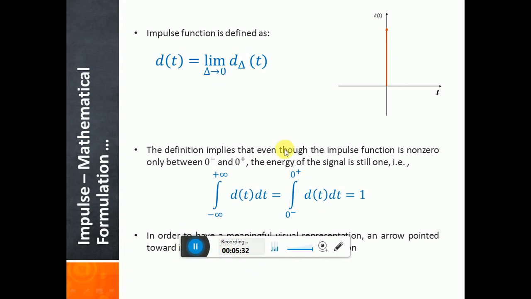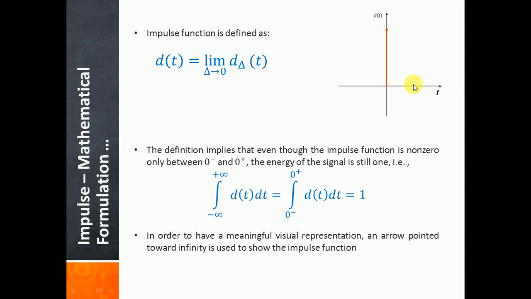An extension of this is that if you integrate the impulse signal in the time domain, you get the energy 1. The 0 plus and 0 minus limits show that the duration of the signal is very small, yet the energy still comes out to be 1.